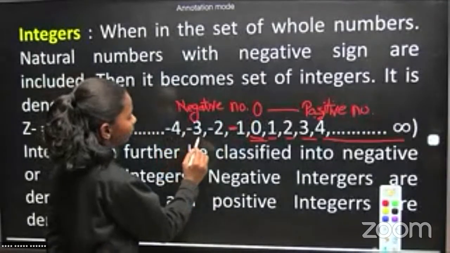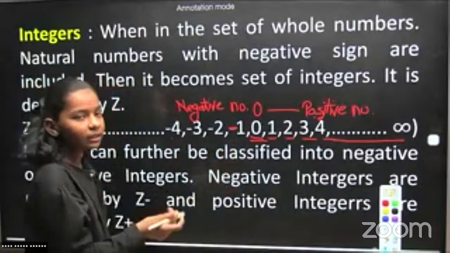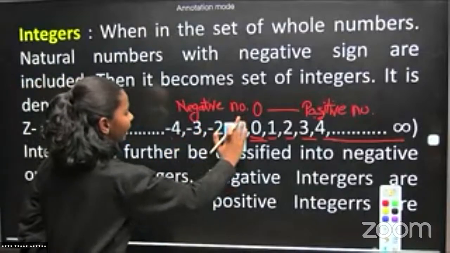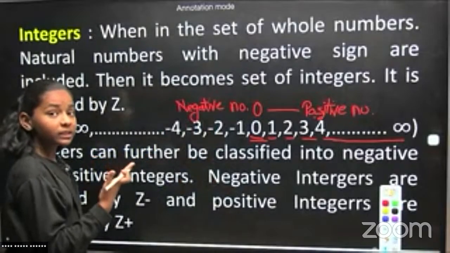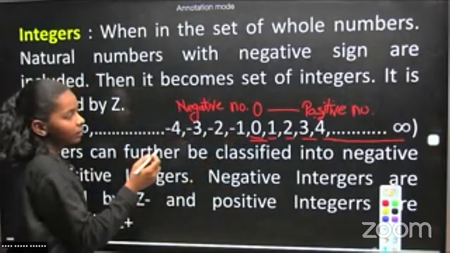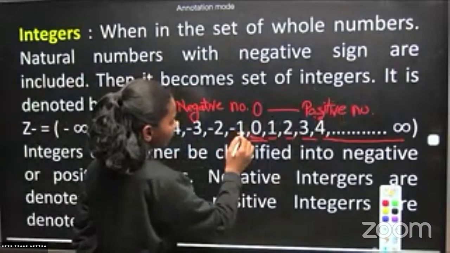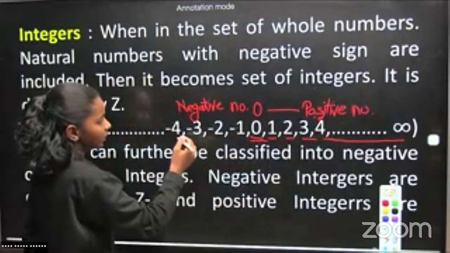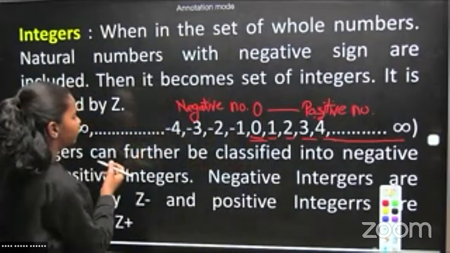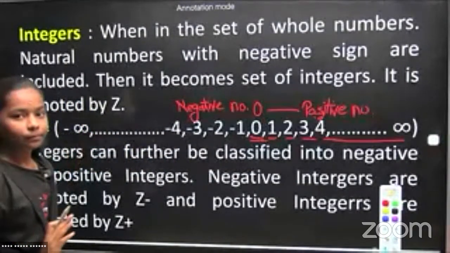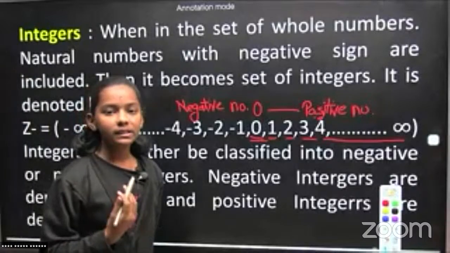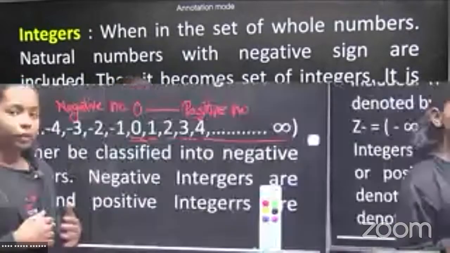So -4, -3, -2, -1 are negative numbers. But they go in the opposite order. Like 1, 2, 3, 4, they come like -1, -2, -3, -4, -5, and infinity. Infinity. Yes, and they go towards infinity.